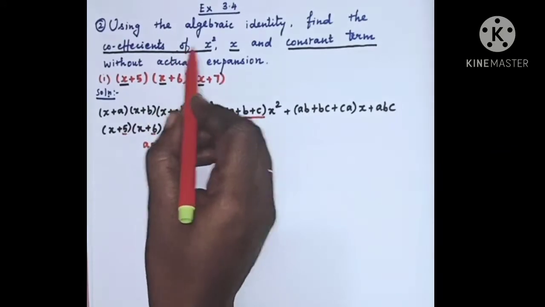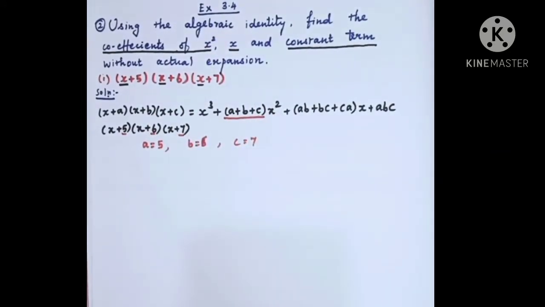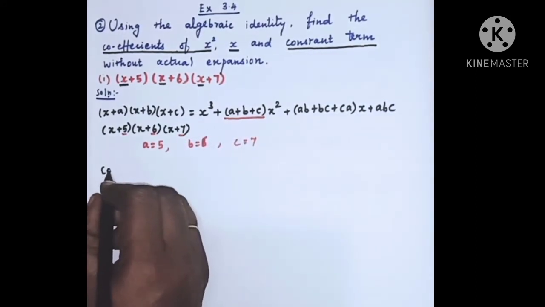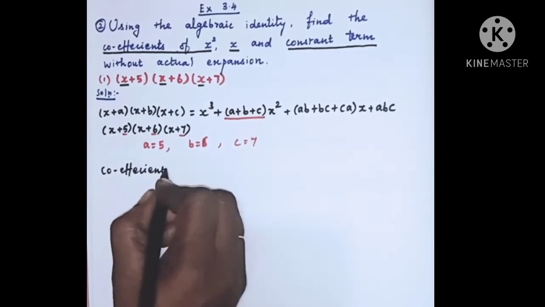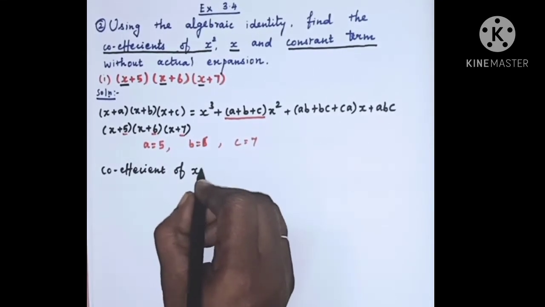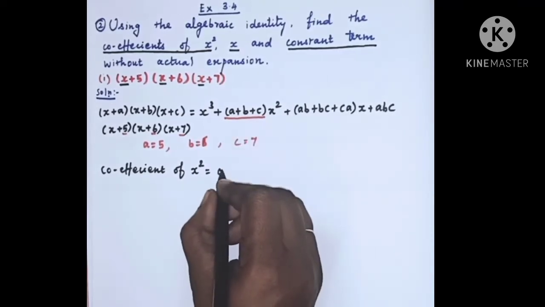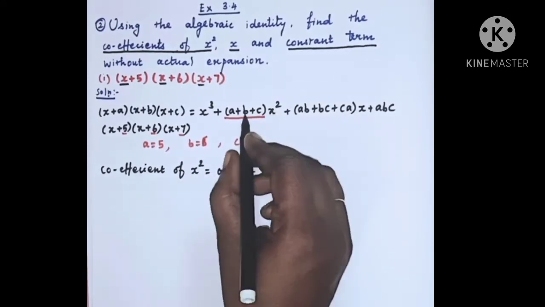So the coefficient of x square is nothing but a plus b plus c alone. We have to find this a plus b plus c alone. This is the coefficient of x square.